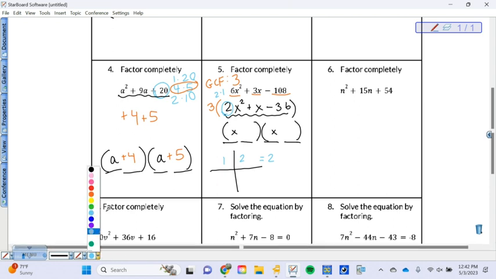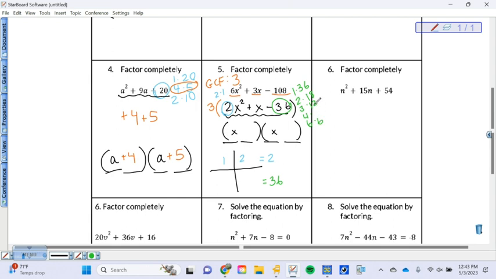And then what does my last times last need to equal? 36. What are my factors of 36? 1 and 36. 2 times 18. 3 times 12. 4 times 9. 6 times 6.